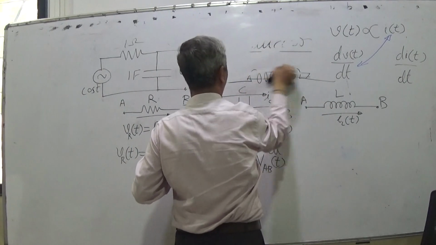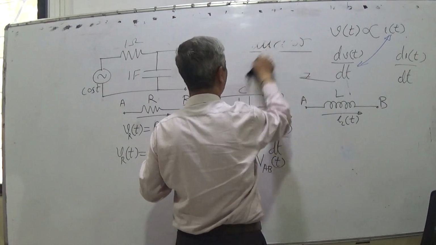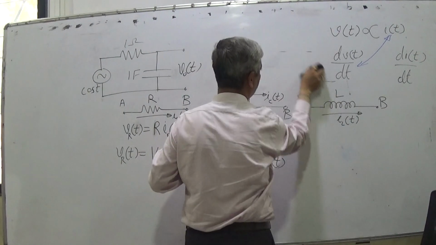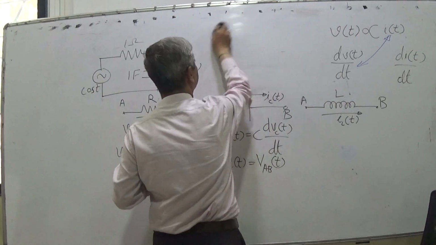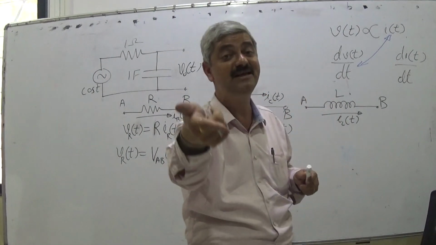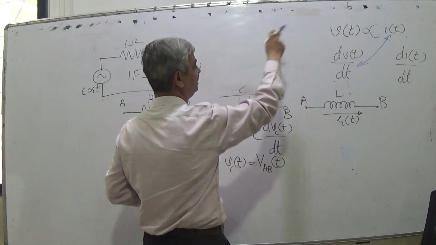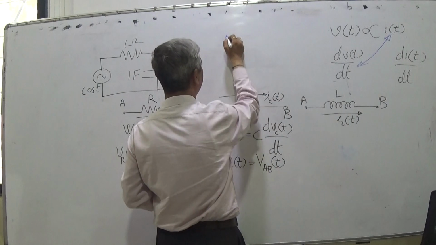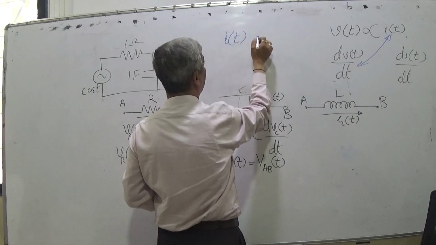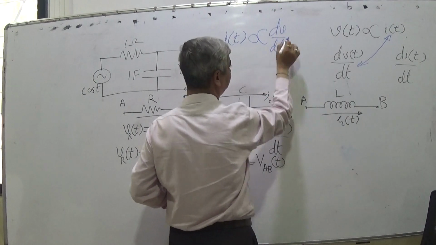When we are talking of the subject circuit theory, in earlier versions, a few decades back or even today in some other universities, the name of it is linear circuits. What kind of linearity? Direct proportionality between what? Voltage and current, that is resistor, between IT and dV by dt is capacitor.